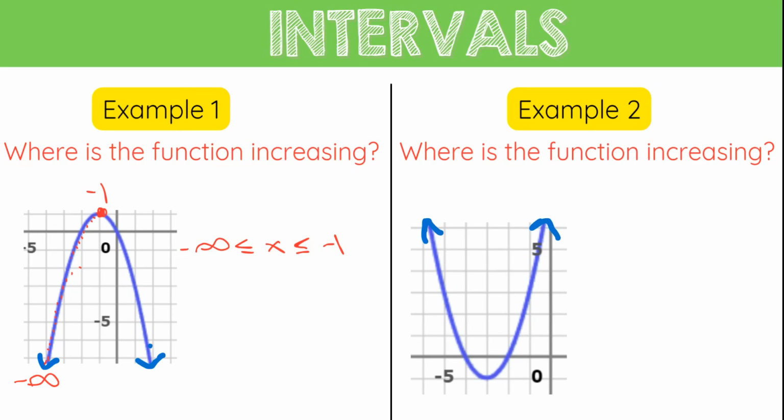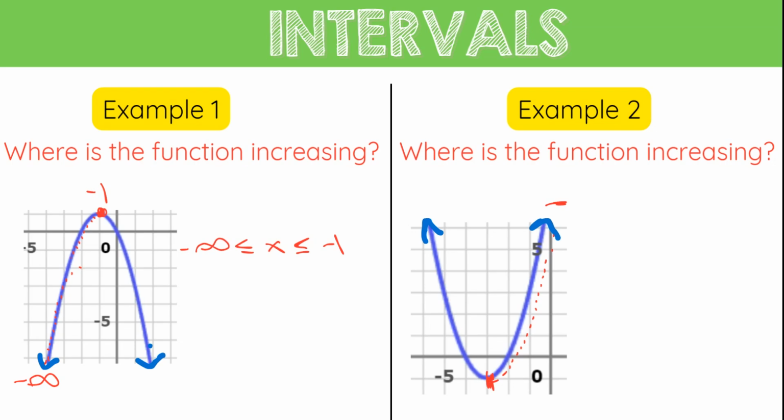Okay, now for example 2, where is your function increasing? It looks like this is where it starts to go from down to up, so it's increasing along here. How would you write the interval for where your function is increasing? Let's look at the smallest value where it starts to increase and the largest value.